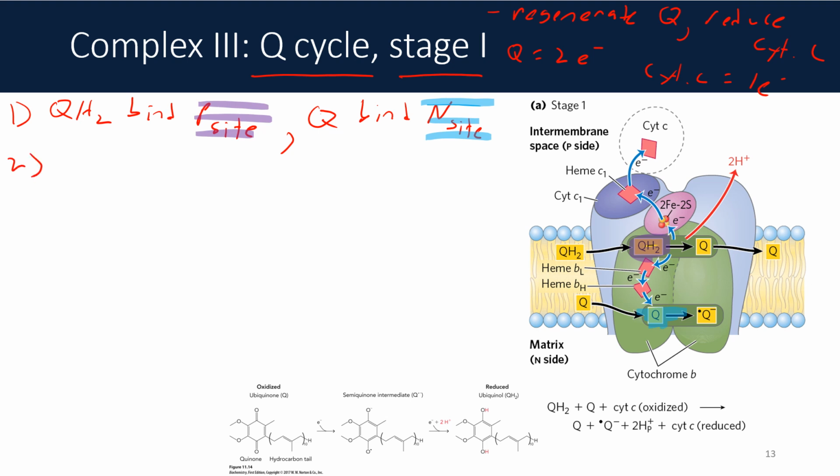Step 2, QH2, which is in the top, is going to transfer 1 electron to Q, which is on the bottom.